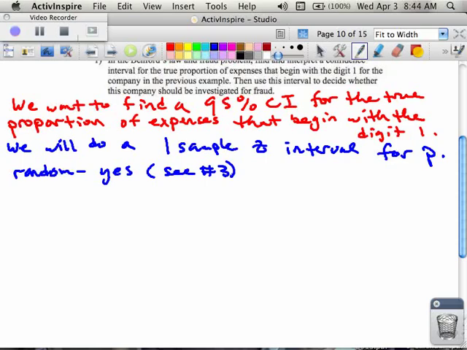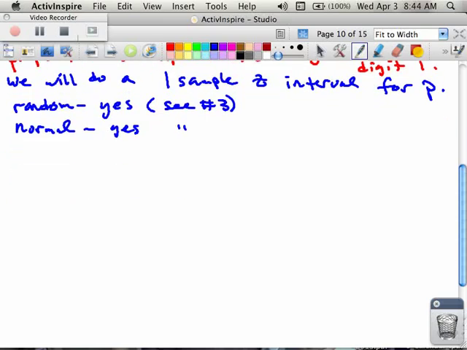We want to know if it's normal, same kind of deal. Yes. We want to know if it's independent. Yes. So those parts are the same. So far, the test is a little bit different: it's the confidence interval instead of being the test.